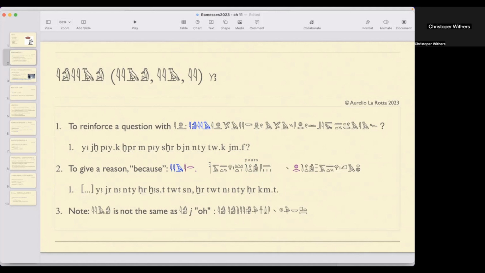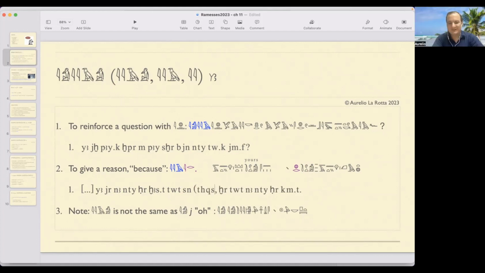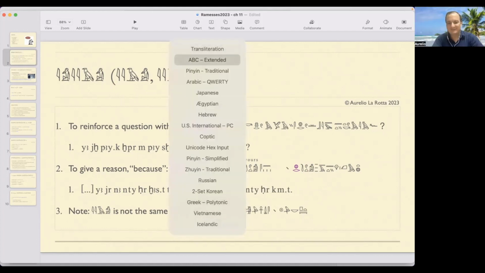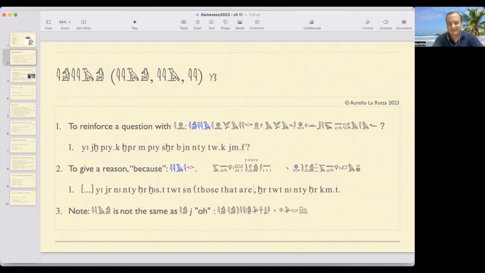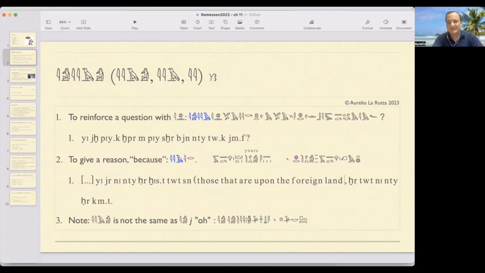So we have those who are upon, which are upon. Yeah. The foreign land. Yes. All right. That's right. Those that are upon the foreign land. Tutsen.